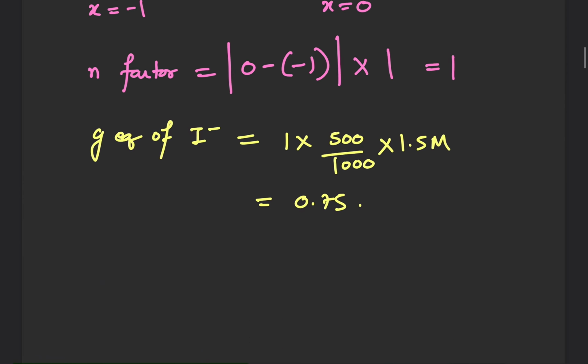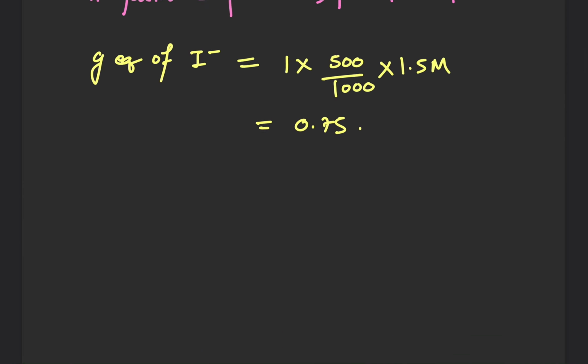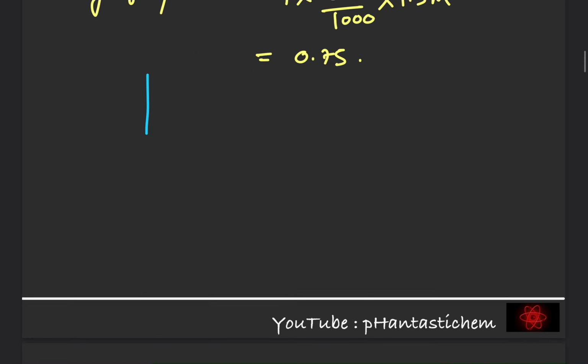Okay, so this 0.3 gram equivalent of I2 is titrated with X molar thiosulfate solution in presence of starch as an indicator till the endpoint. Okay, so if I draw the apparatus, it will look something like this.